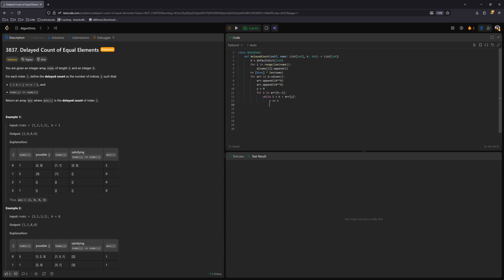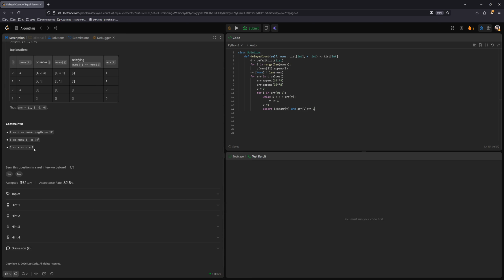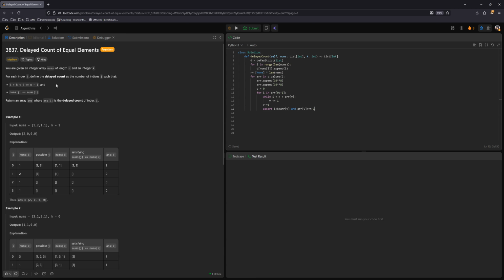And we're going to increment y, which is going to push it off the end, and then we will decrement y so that it's legal again. We'll make sure that we didn't screw it up. i plus k is strictly lesser than arr of y. And you know what? We'll even put in the extra condition that doesn't matter. arr of y is less than or equal to n minus 1. And what is n? n is the length of nums.